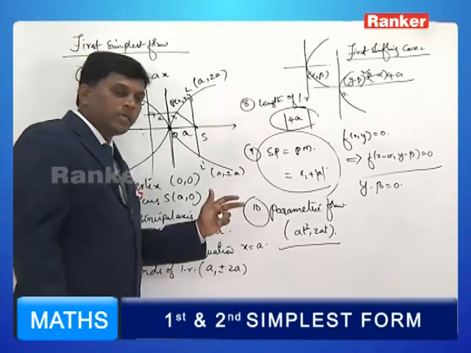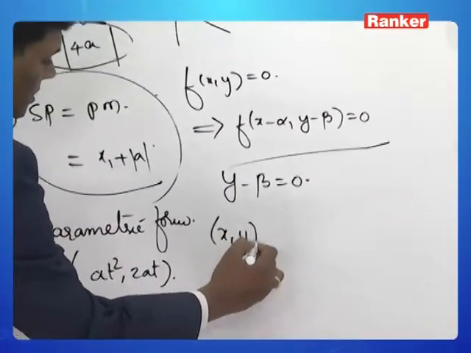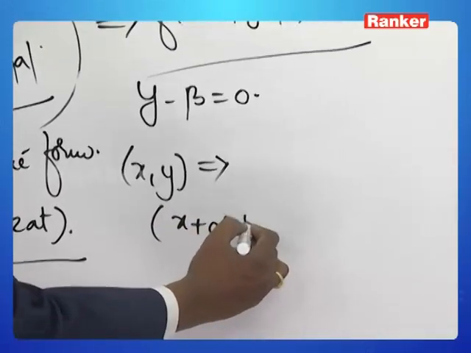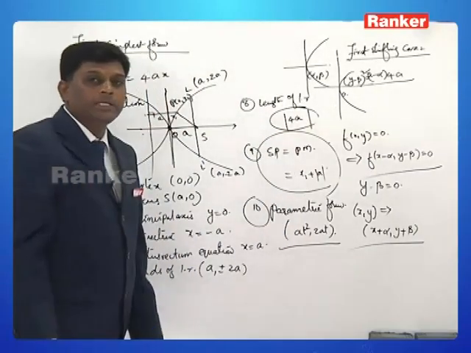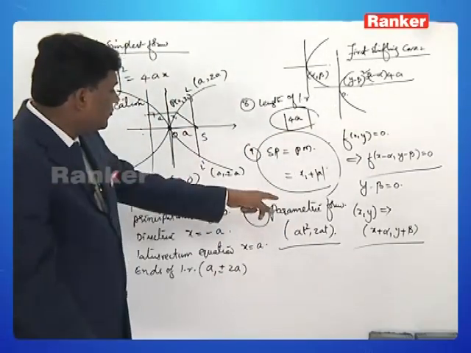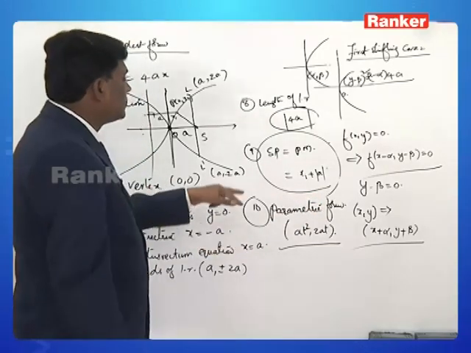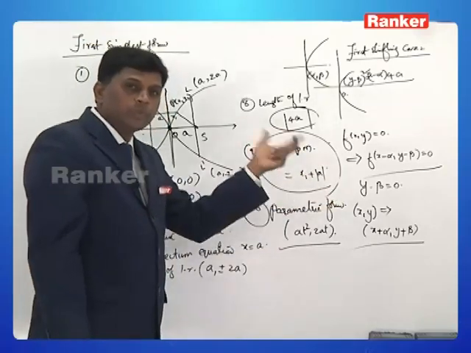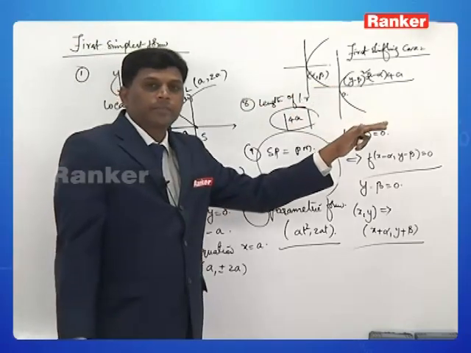And in a similar way, in case of coordinates, any point x comma y is written as x plus alpha, y plus beta. Simply abscissa and ordinate are added by alpha and beta respectively. This is the standard transformation we are using for getting properties of the first shifting case.